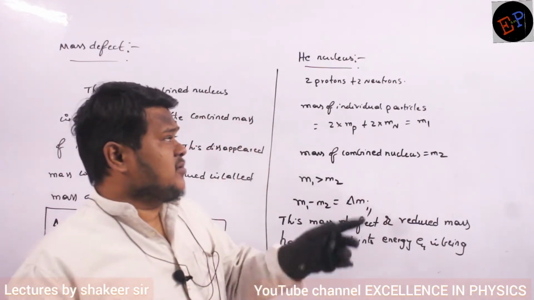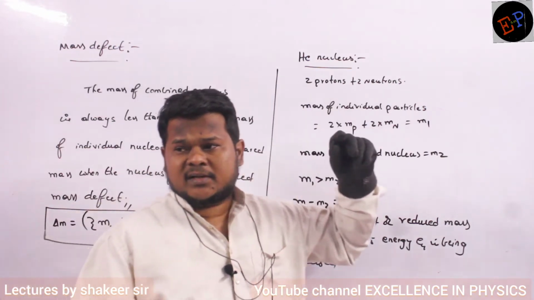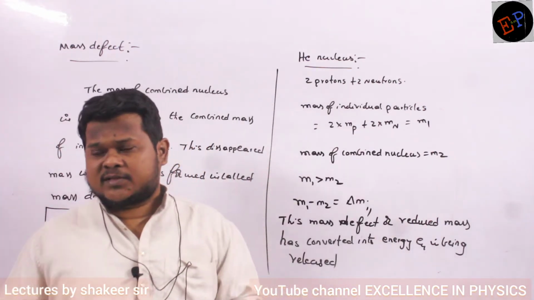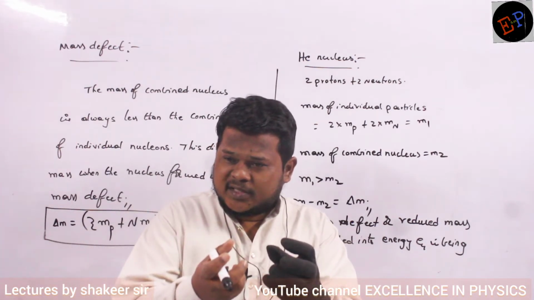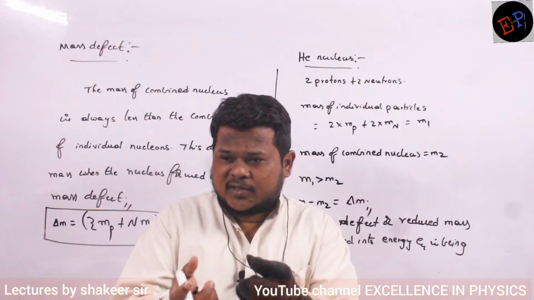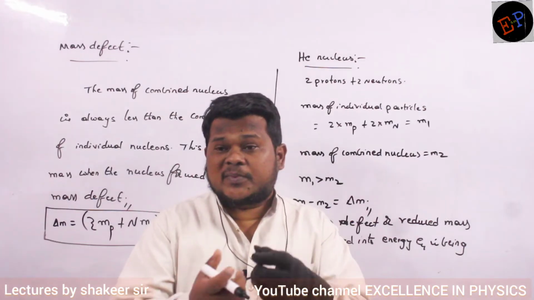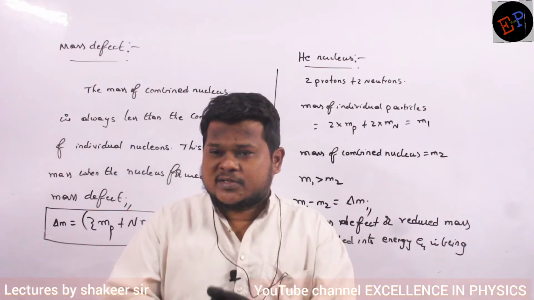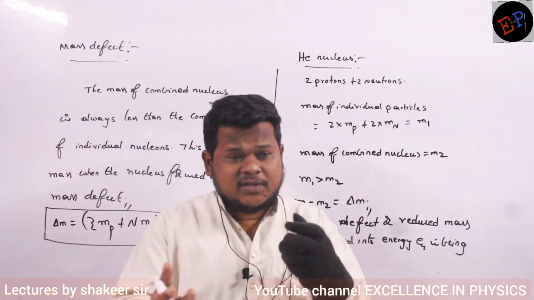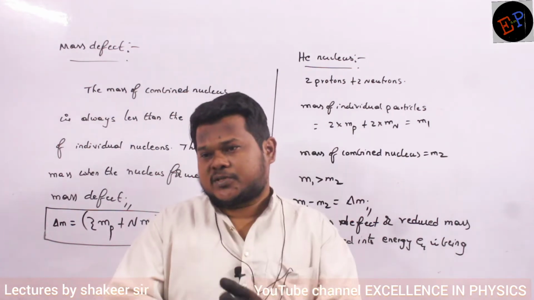See, inside the nucleus, 2 protons are there. Protons are which kind of particles? Positively charged particles. So one proton is present beside another proton. So even though there is a very strong force of repulsion between one proton and another proton, still they are present at the same position.